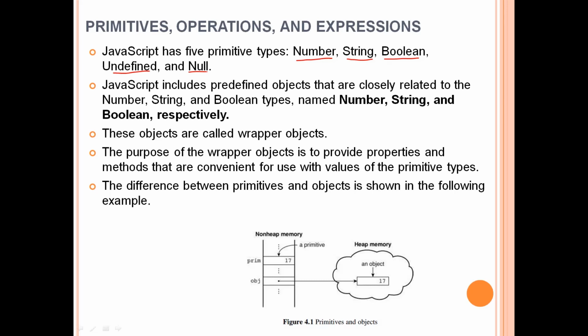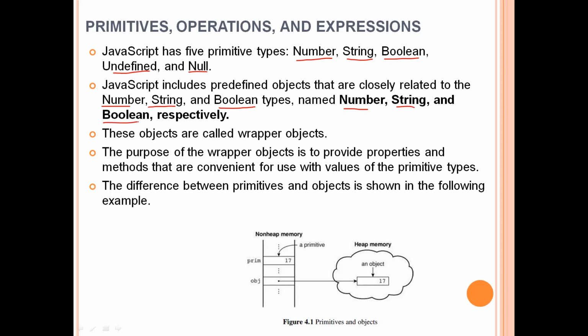JavaScript includes predefined objects that are closely related to the number, string and boolean types. So JavaScript also has some predefined objects, and these objects are closely related to the primitive types, that is number, string and boolean, and the names of these objects are also Number, String and Boolean respectively.